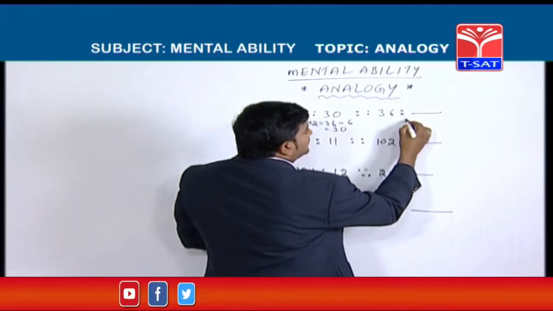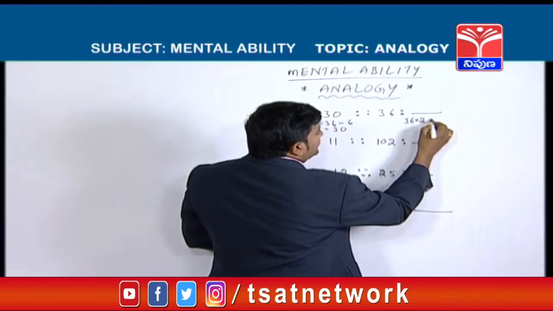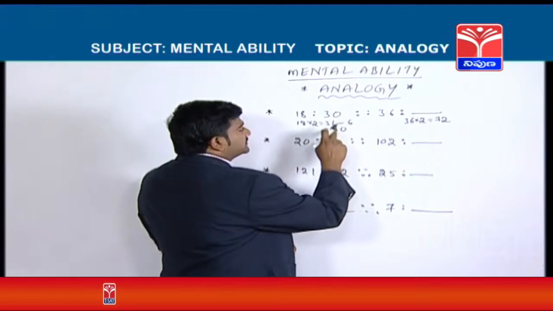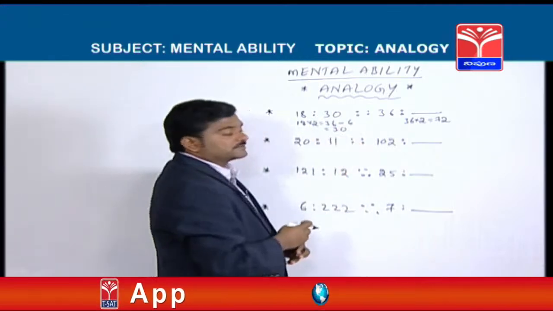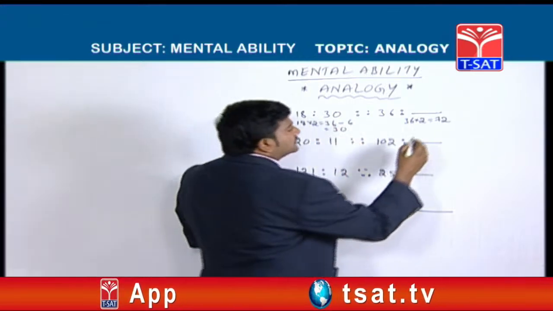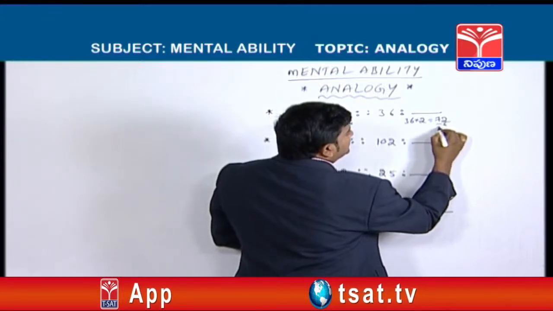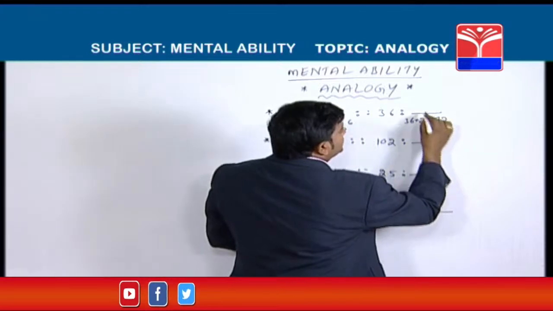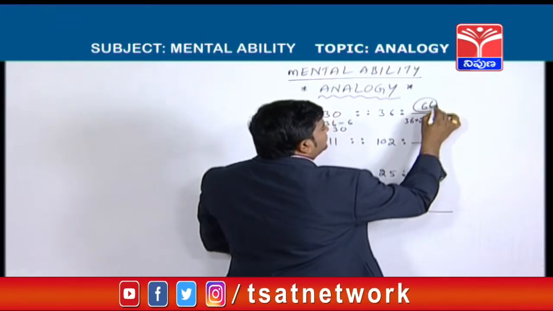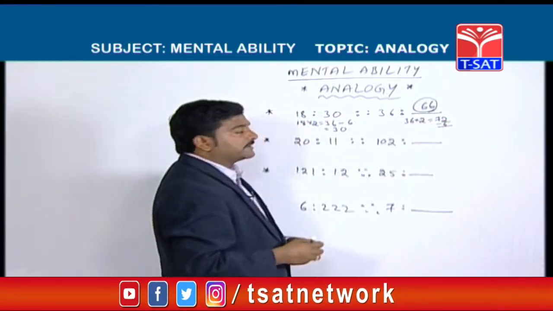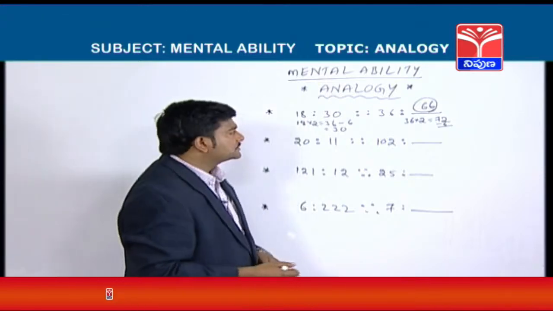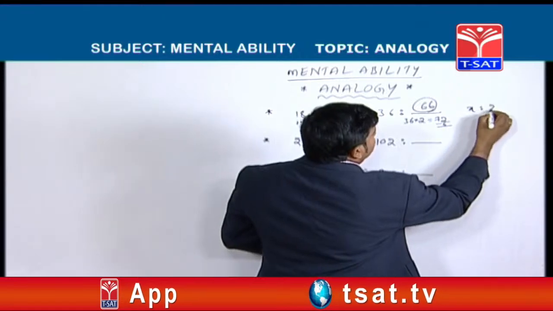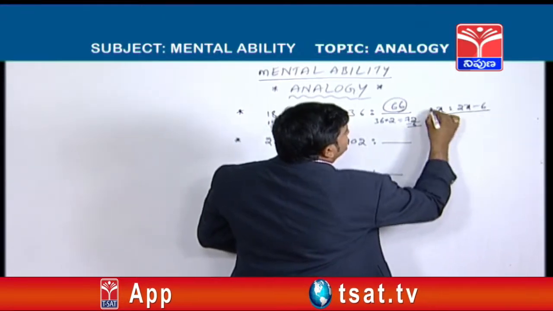So how will you do here? 36 into 2, how much do we know? 72. From 72 again, how much do I need to subtract? 6 I need to subtract. So subtracting 6 from 72, how much am I getting here? 66. Hence the answer for the given question is 66. And this model we can say is x is to 2x minus 6 model.